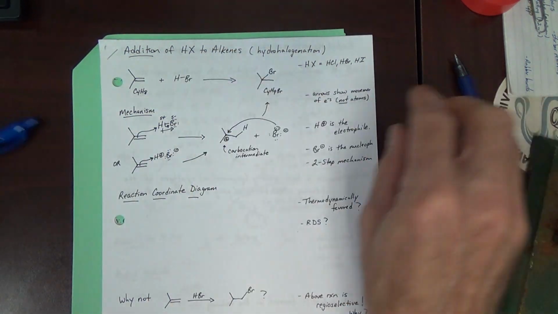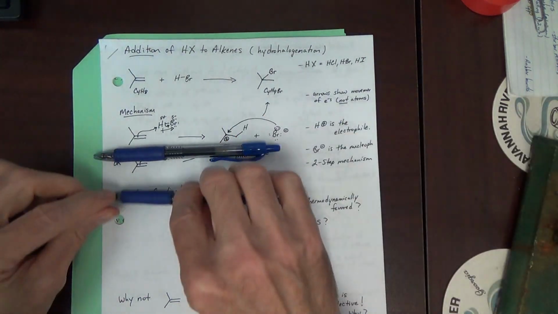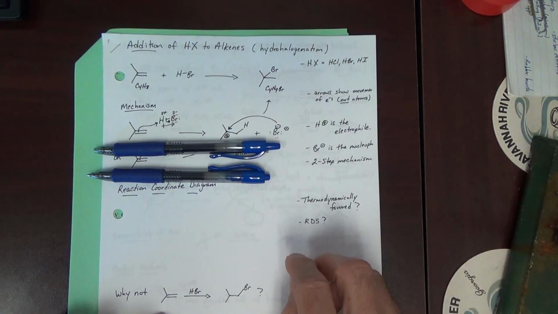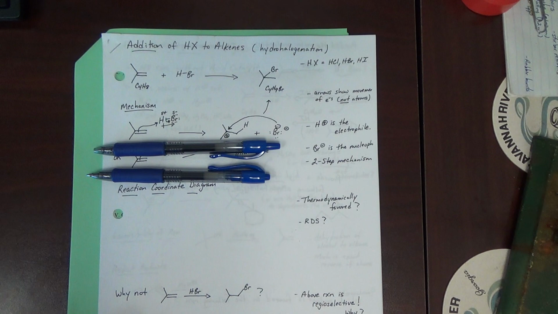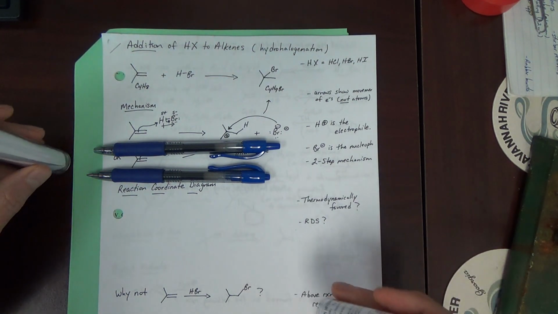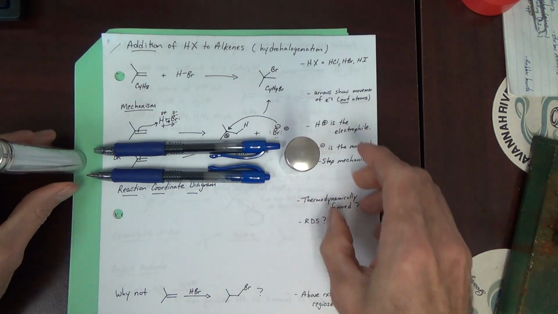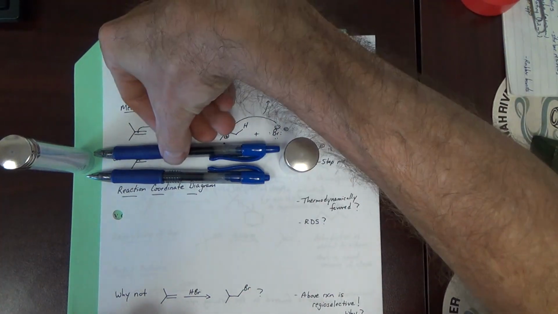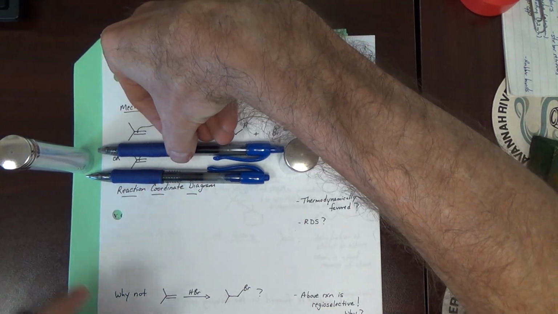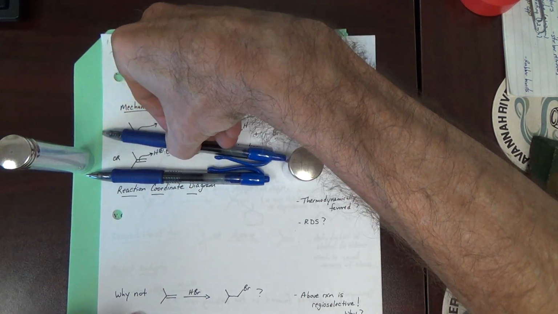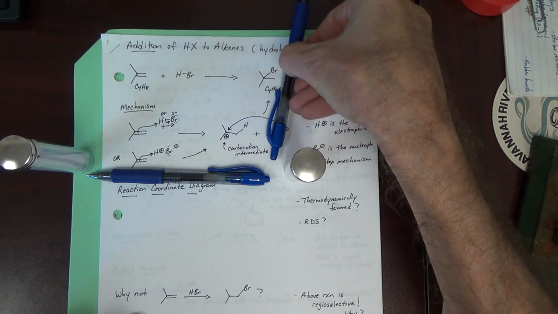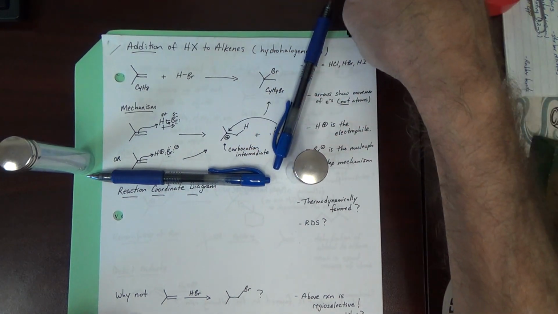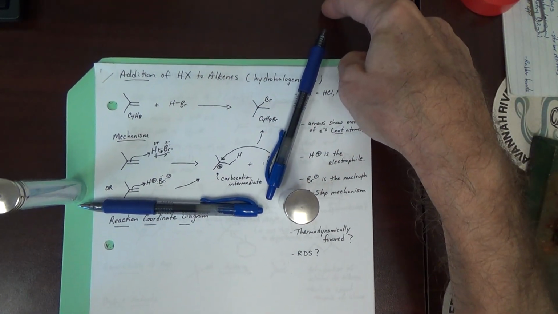That's what this is. Take those electrons. Here's the double bond. I don't have a ring or something. There's the two carbons with the electrons between them. Take those electrons and pull them away from this carbon, and hinge them up and go make a bond to that H that's up there.